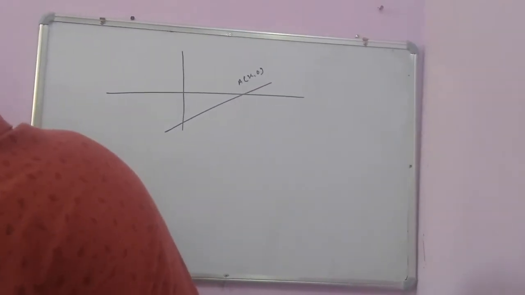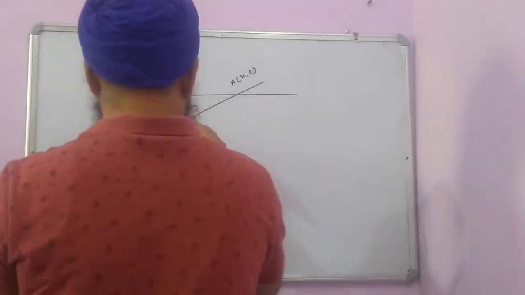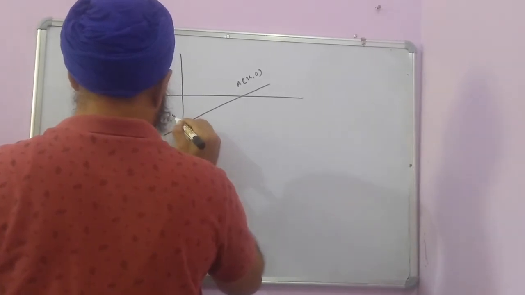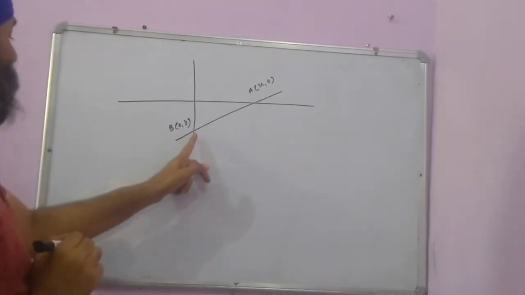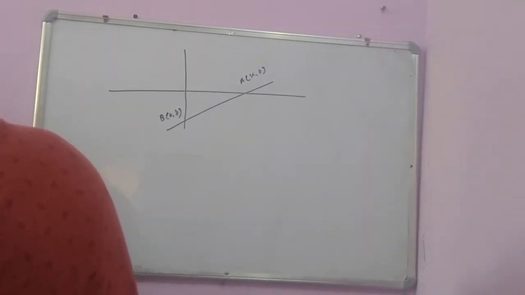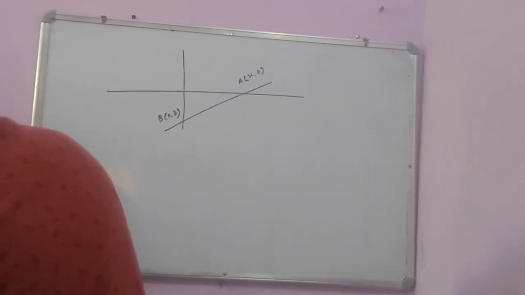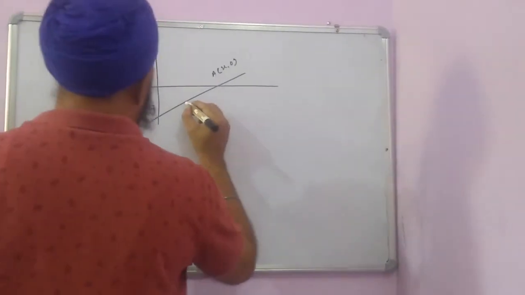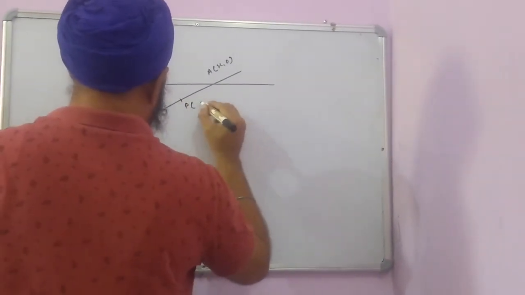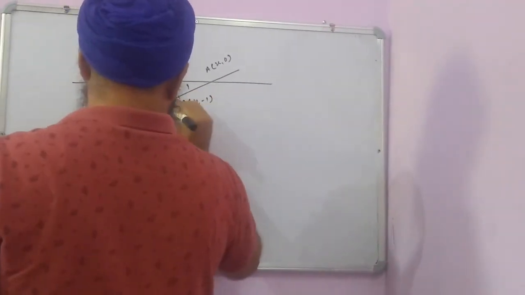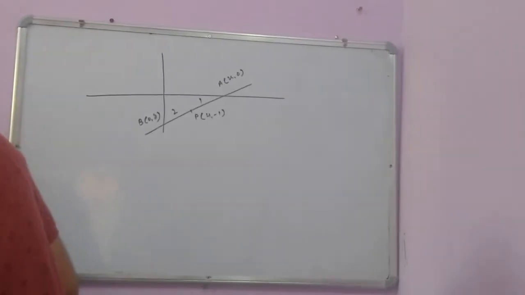And y-axis at B. This point is B. Let B point be (0, y). P (4, minus 1) divides AB in the ratio 1:2. P is (4, minus 1). It divides AB in the ratio 1:2.